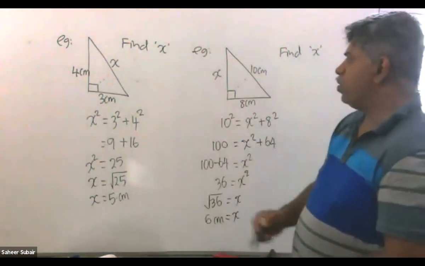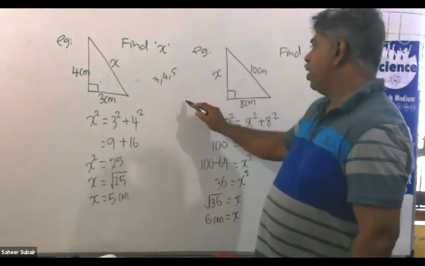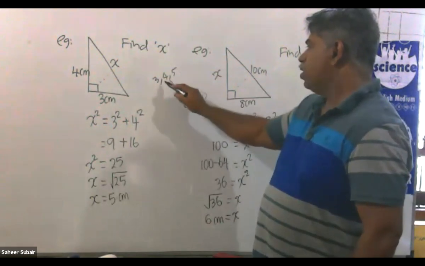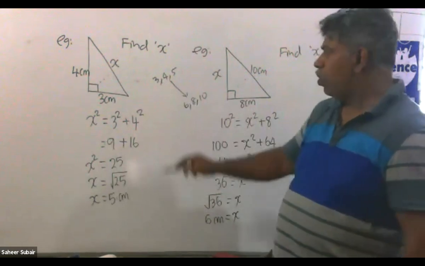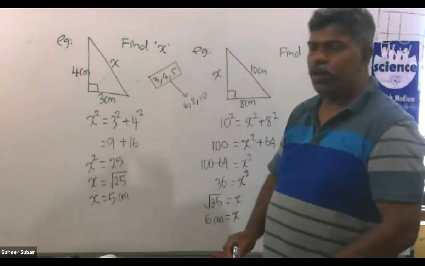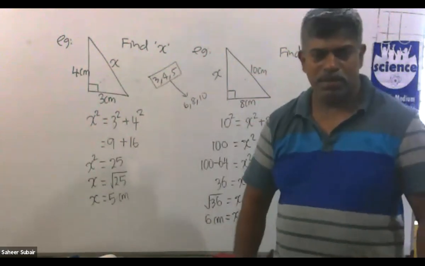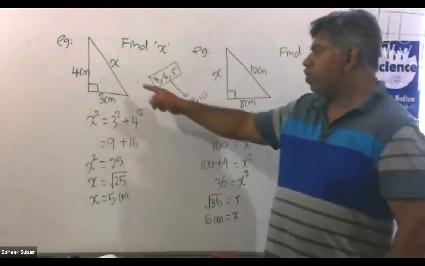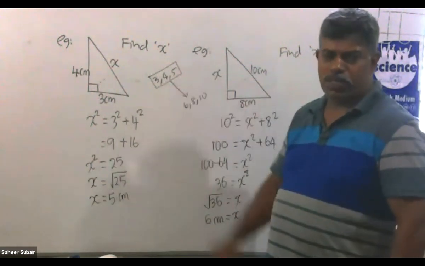So here you can observe the sides. Here 3, 4, 5. Here 6, 8, 10 sides. So that means 3, 4, 5, all the sides are multiplied by 2. Normally, one relation in the right angle triangle is 3, 4, 5 or the multiples of that. Always the big one, the long side, is the hypotenuse.